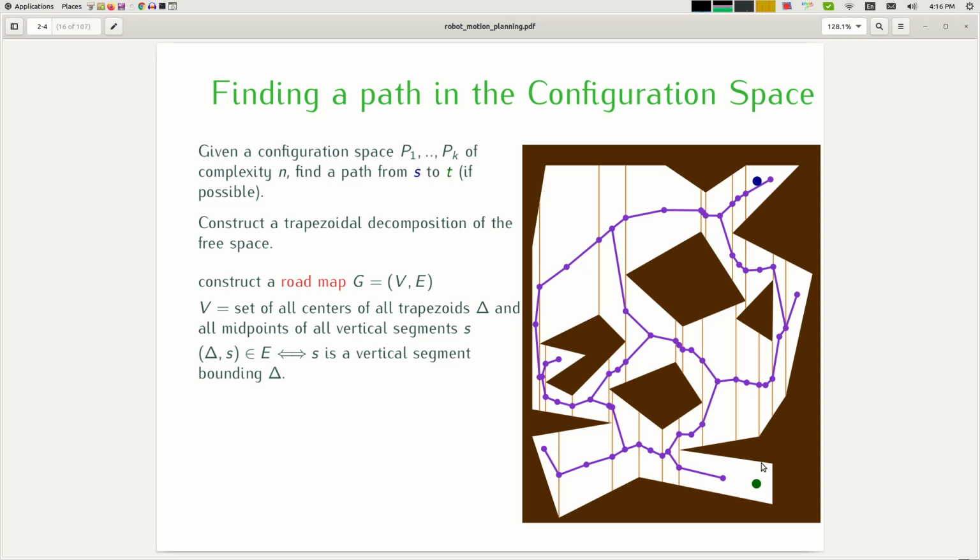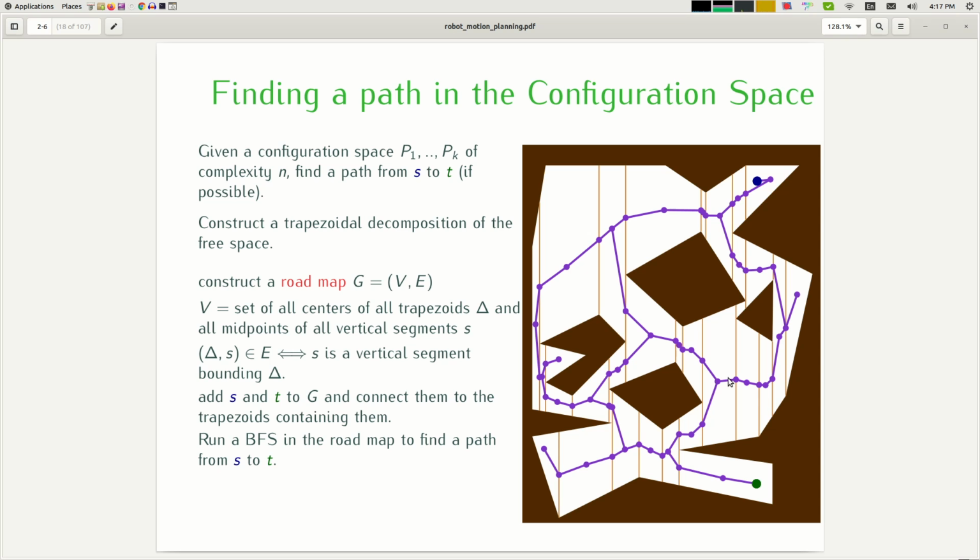So obviously there cannot be intersections, because when you connect the center of a trapezoid to its edges, they don't intersect. So this is a planar graph, it has linear size, and therefore we could just store it in such a way that we could solve this connectivity problem. It can be done in essentially linear time. For example, we could run a BFS to see if this one and that one are connected.